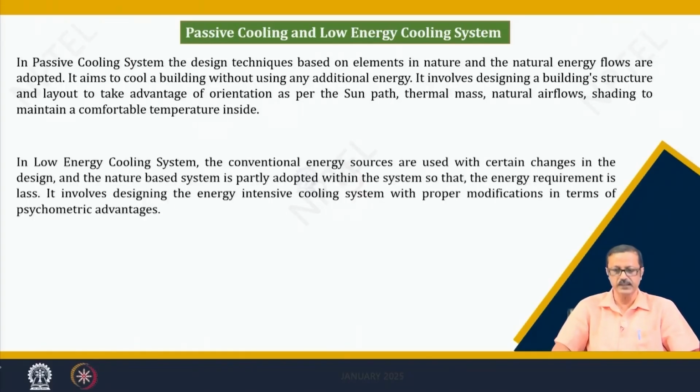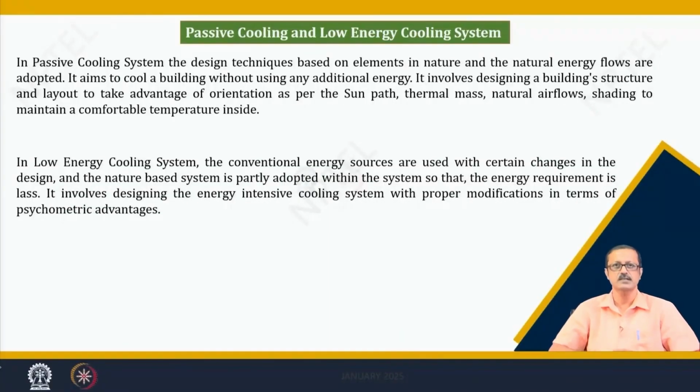indoor air temperature, indoor humidity and other indoor comfort parameters. Then what is a low energy cooling system? It is a conventional type of energy system, what we have discussed in the HVAC or other types of systems. Conventional energy resources like electricity can be used, but there will be certain component changes in that system. As you know, the HVAC system is based on the refrigeration cycle.